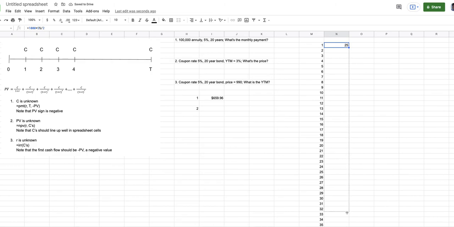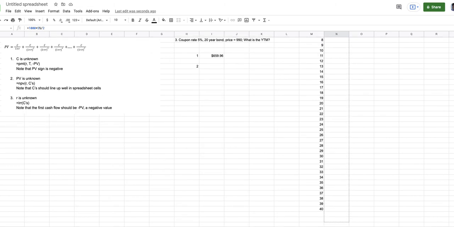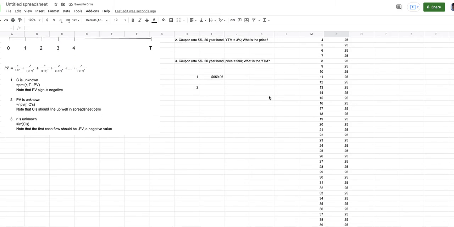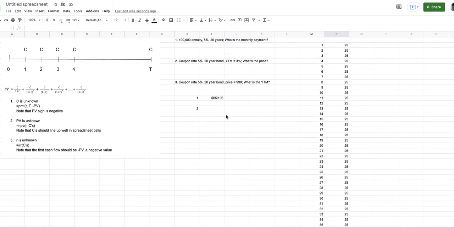I'm going to replicate the whole thing all the way down here. But at the very end, you need to include that principal payback, which is the par value. Now I've set up my timeline and all the cash flows, so I can apply the formula. Let me use NPV for that, and now I need to enter R. For R here, the yield to maturity is 3%.